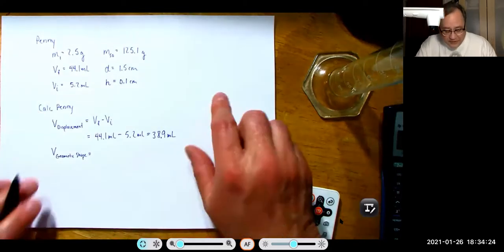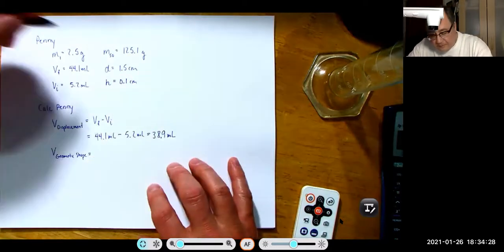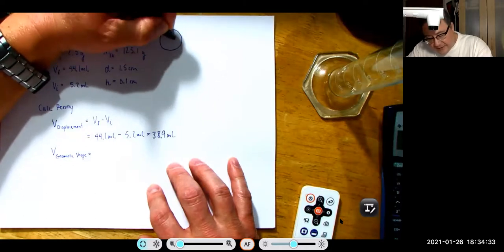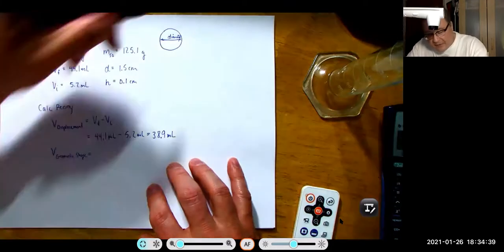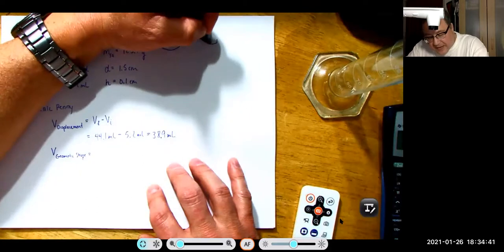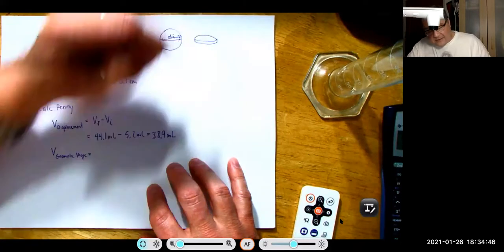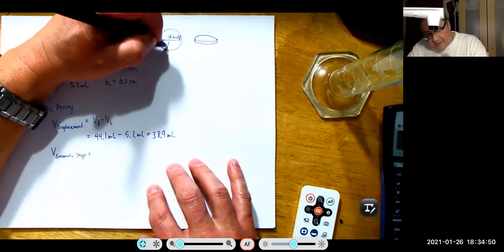Now, I'm going to show you the formula for getting the volume of a penny. So a penny looks like this, and this is the diameter. And if I draw the penny from the side, it looks like this. And this circle here is the area of the penny.